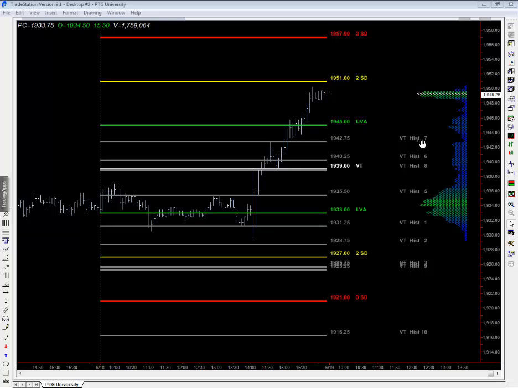Simply, you can visualize the high volume area, the volume trend for that day, and know that there's an upper and lower zone above or below that VT history. So the most important level is the volume trend, the single point for the day, and so we look to build a confluence of zones as such.